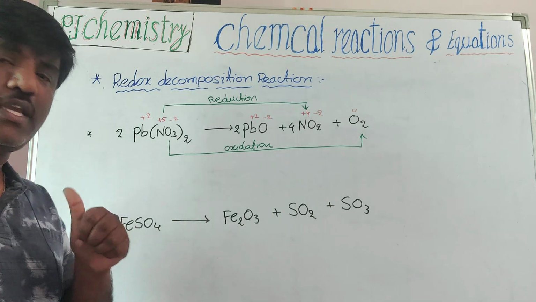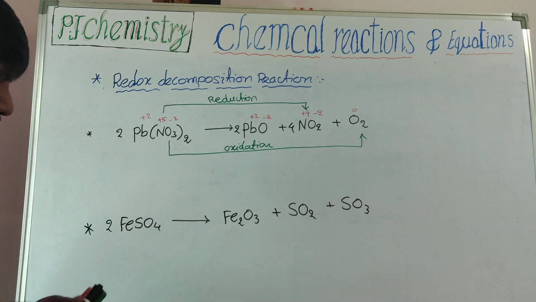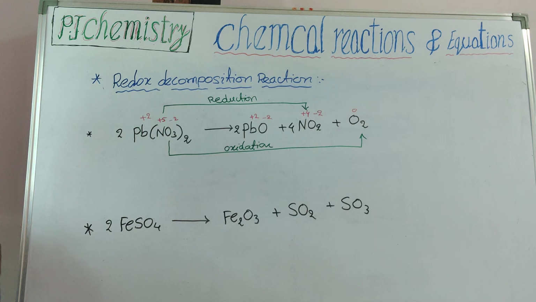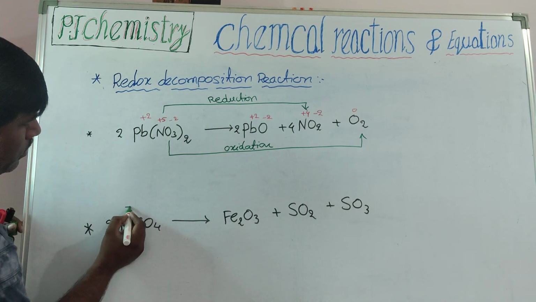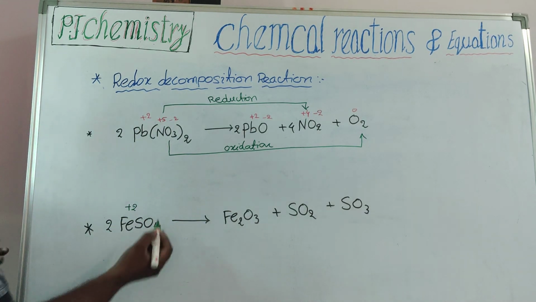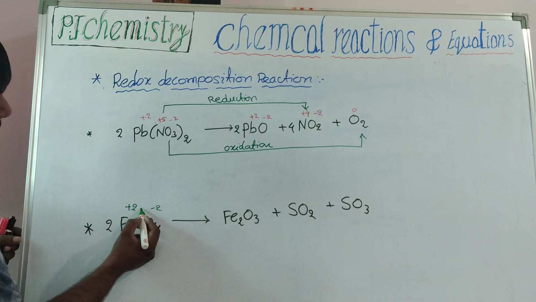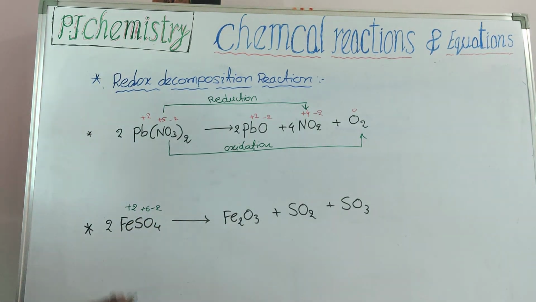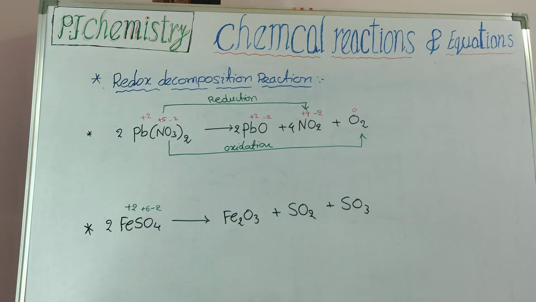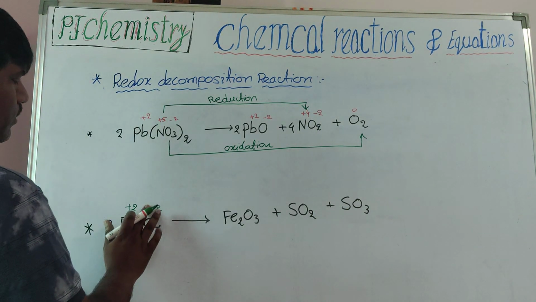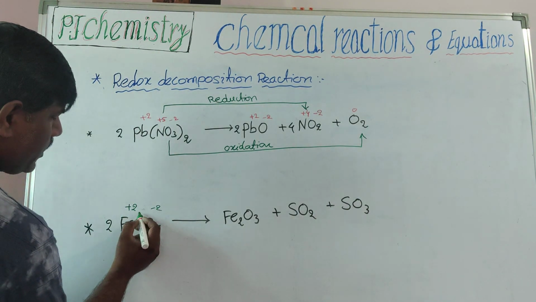From where is it gaining? From iron. So obviously iron is +2, oxygen -2, sulfur +6. So how is our sulfur +6?